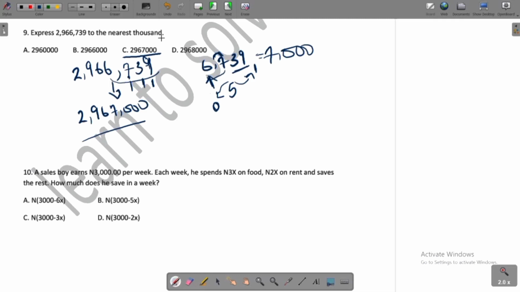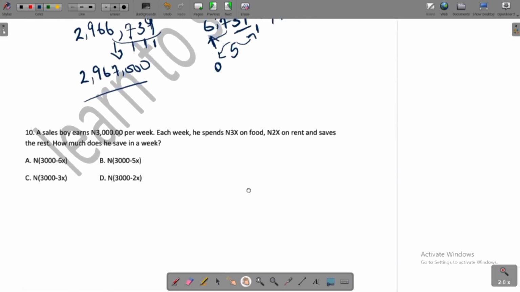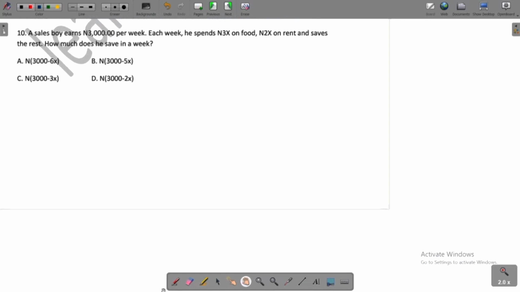That is question 10. It says that a sales boy earns 3,000 per week. Each week he spends 3x naira on food and 2x naira on rent, and saves the rest. How much does he save in a week? So let's bring this up, I have space here.